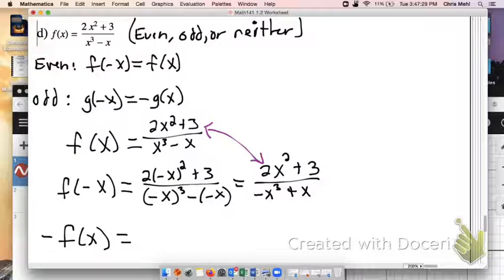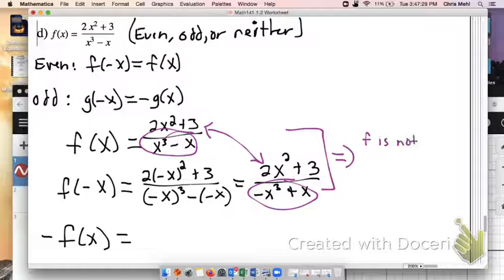One has x cubed minus x in the f, and one has minus x cubed plus x. Okay, so comparing these two, that's going to tell me that f is not even. Okay, again, that's because f of x is not the same as f of minus x.